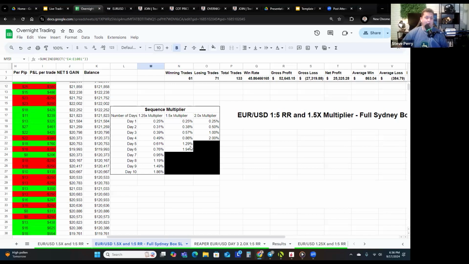So, okay, the sequence multiplier. It's not a martingale necessarily. I like to call it a modified martingale, where you are increasing the stakes depending on what the result was. Like if you had a losing day, the next day you come back and take a slightly larger trade. You're not doubling like you do on a roulette table. We're not gambling.